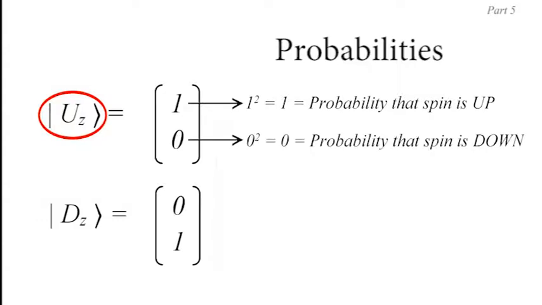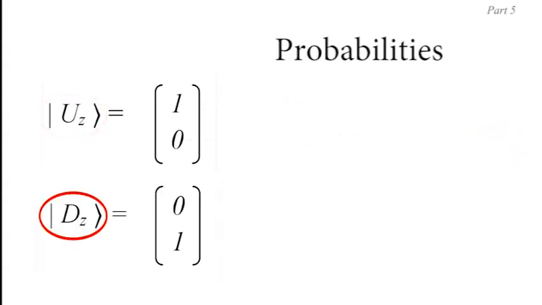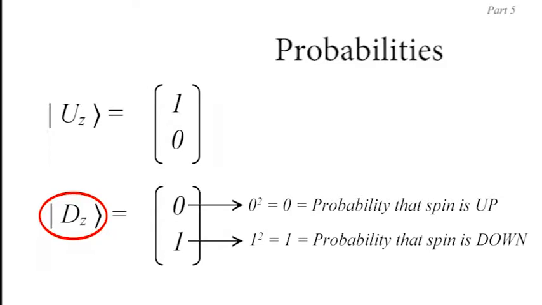On the other hand, 0 squared is the probability of the answer down. Now that of course makes sense. It is the up state after all, so any measurement of the component of the spin in the z direction must 100% of the time give the answer up and 0% of the time give the answer down. Similarly for the down state, 0 squared is the probability that a z component measurement on this state would give the answer up, whilst 1 squared is the chance of a down answer. Again, that makes sense. This is the down state.